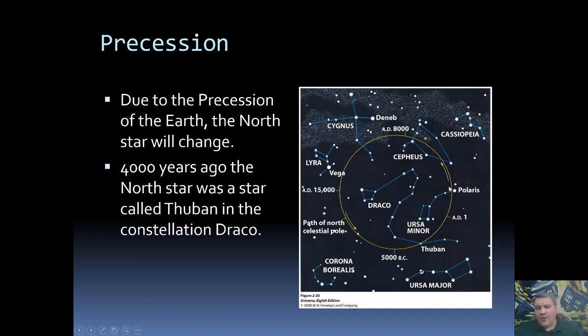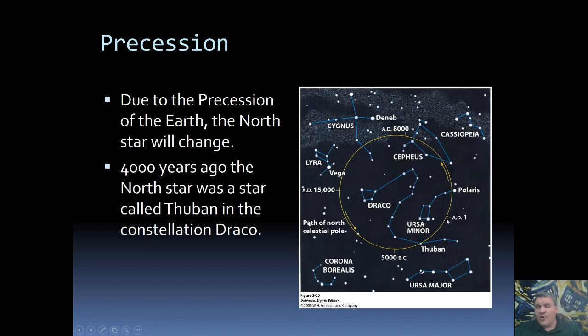So right now, the North Celestial Pole is really close to Polaris, the North Star. This yellow circle traces out the path of the North Celestial Pole in time. So right now, it's very close to Polaris.